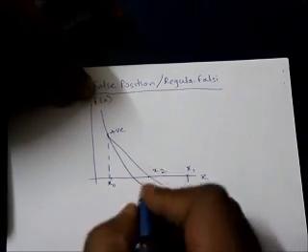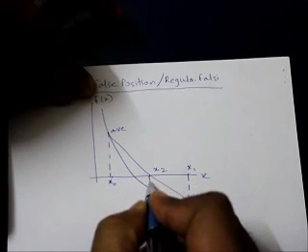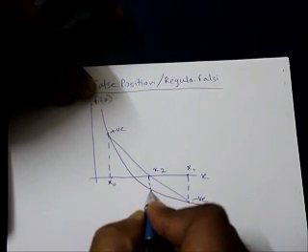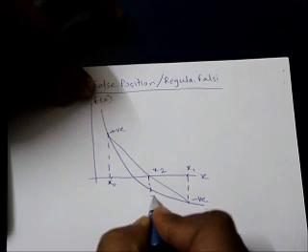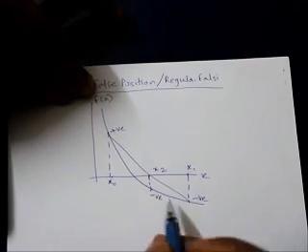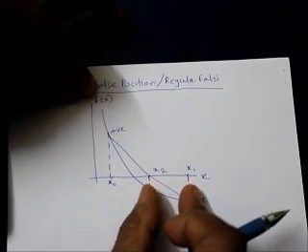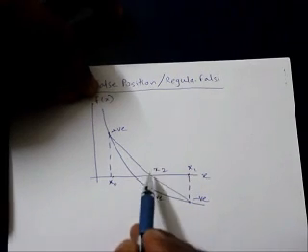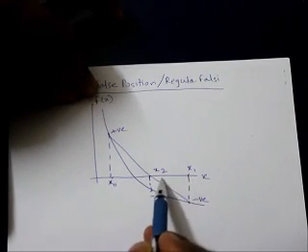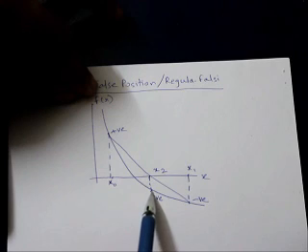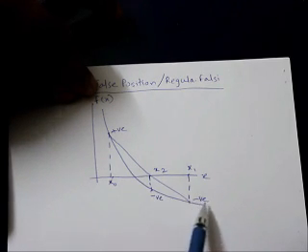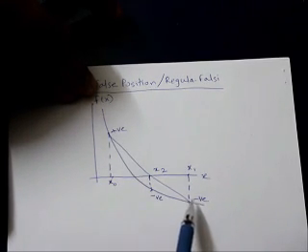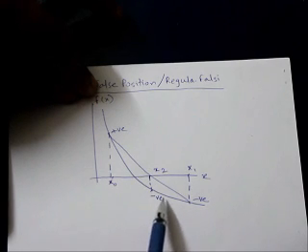Alright, as we can see, for x2, we drop a perpendicular here, we can see that this still has a negative value, so x2 to x1 is a bracket that we can ignore, because as we can see very well from the curve and from the values, there is no root lying in between them.